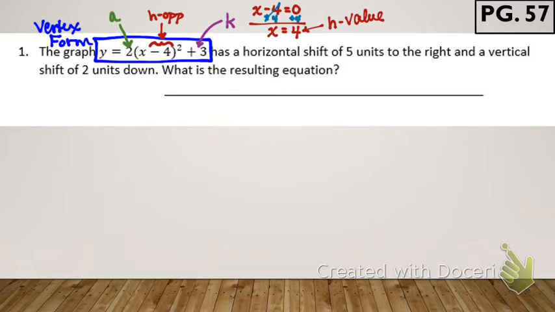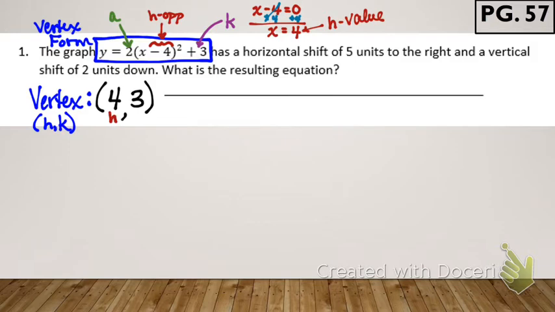From vertex form, I can tell what the vertex is. My vertex is going to be HK. So what would the ordered pair for this vertex be? 4 and 3. Yep. 4 and 3. You're correct. This is going to be my H and my K. H here, K here.